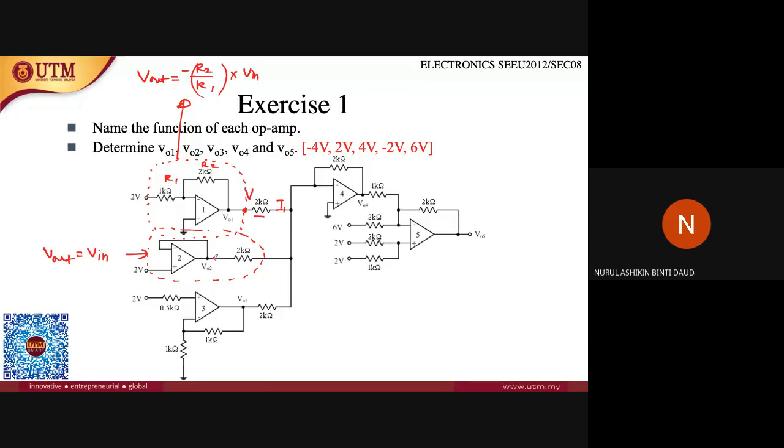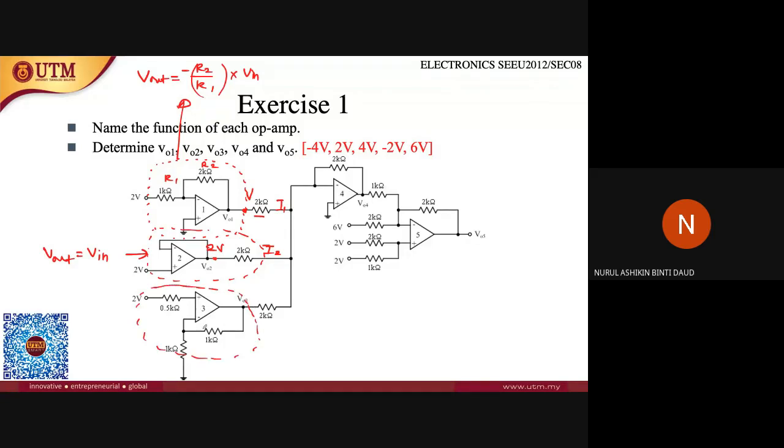The value of V output here is the same as this input value, which is 2 volts. You get the value of voltage, you have the value of resistance, so you can get the value of I here. Let's name it I2. Okay, stop there.